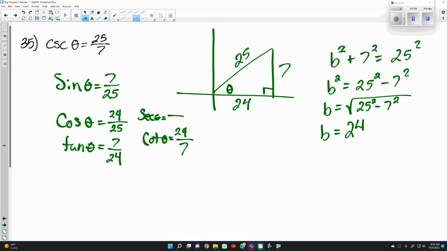And secant is the flip of cosine, so 25 over 24. So really with these, once we find sine, cosine, and tangent, we have the others. Any other questions on these? You all feel comfortable with 33 and 34?